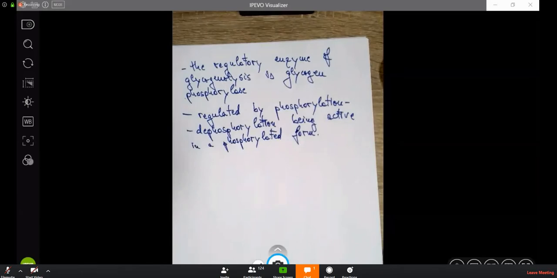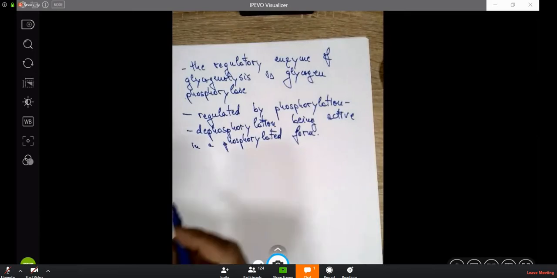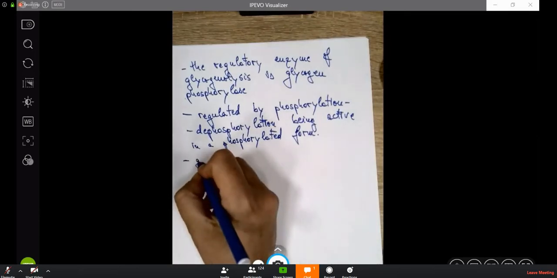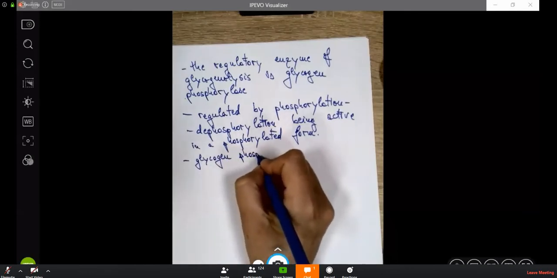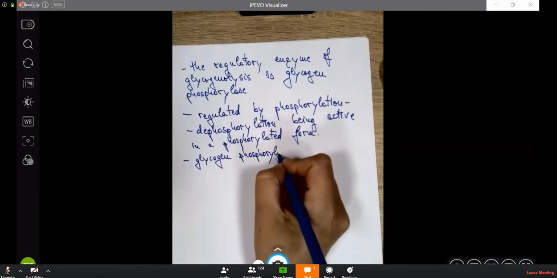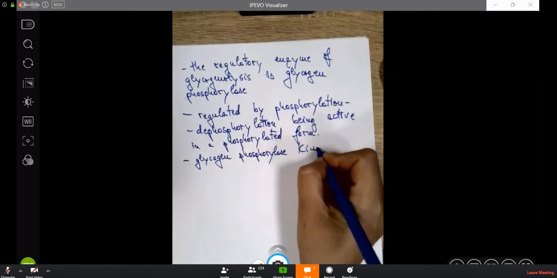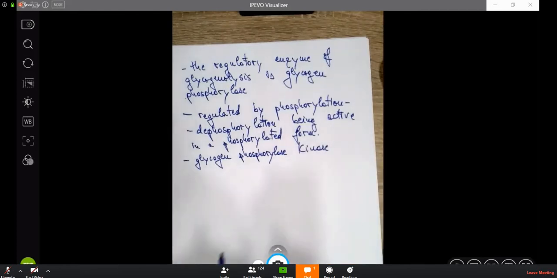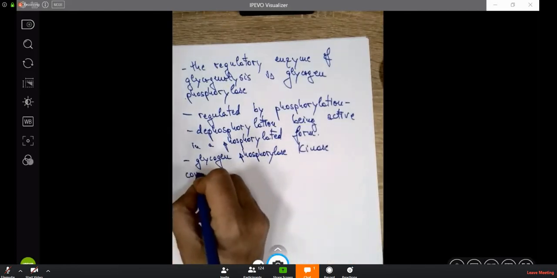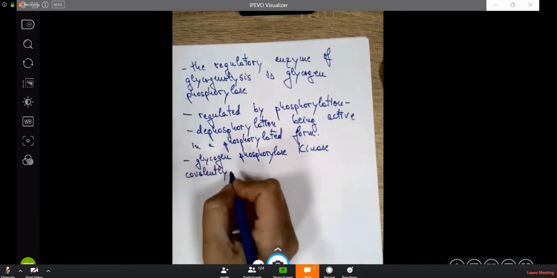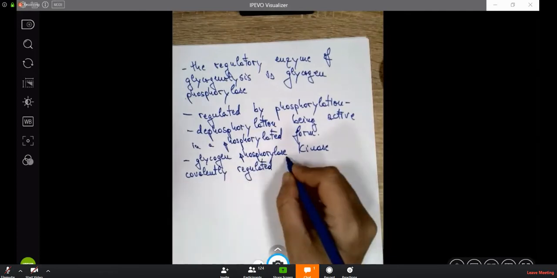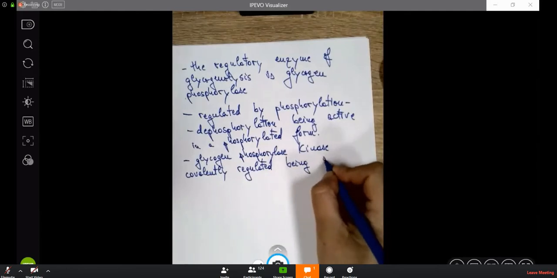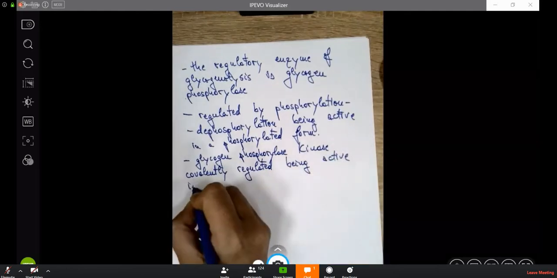And the phosphorylation is going to be done by another enzyme called glycogen phosphorylase kinase. And this enzyme is also covalently regulated, being active in a phosphorylated form.